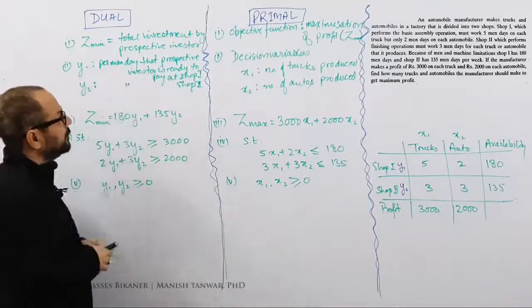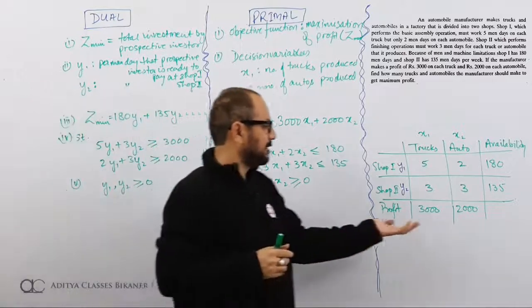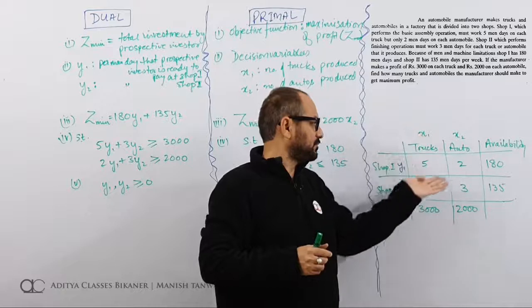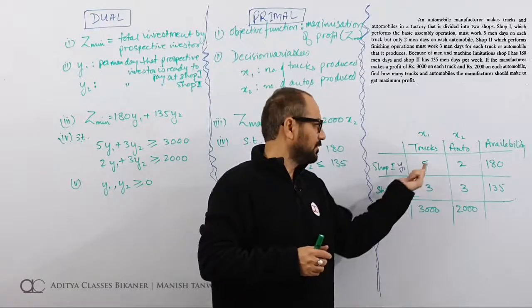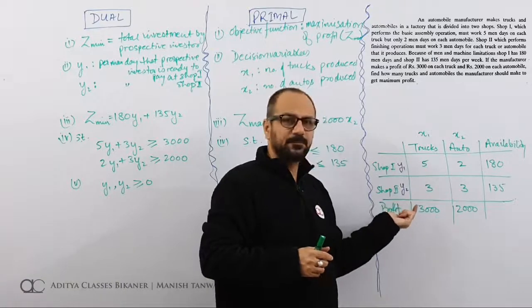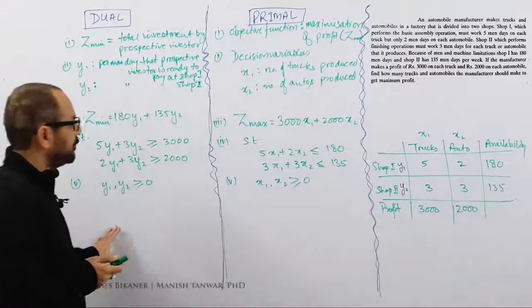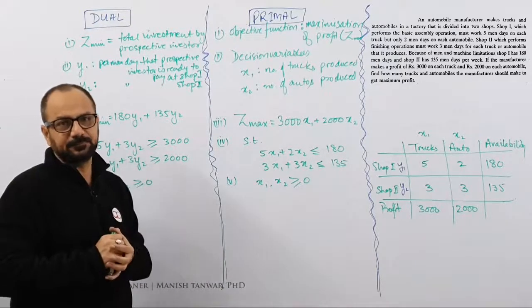So this is the dual of this primal. Now if we see over here, what has happened is that from 3000 x1, 2000 x2, 5x1 to x2, we have shifted to 180y1 plus 135y2, 5y1 plus 3y2. The axis has completely changed. This is the concept of dual. This is the concept of looking at the problem from a different perspective.